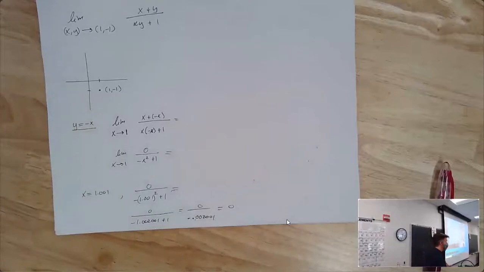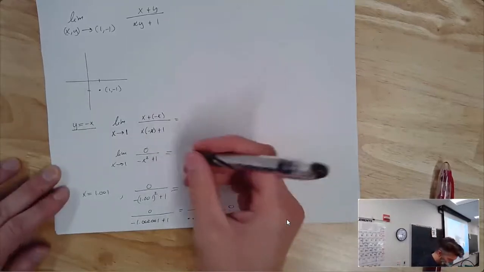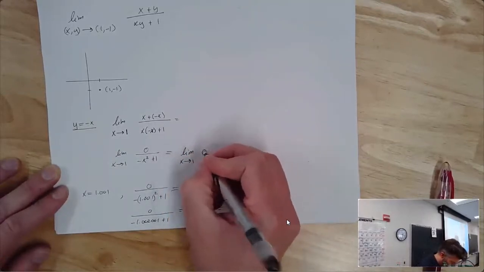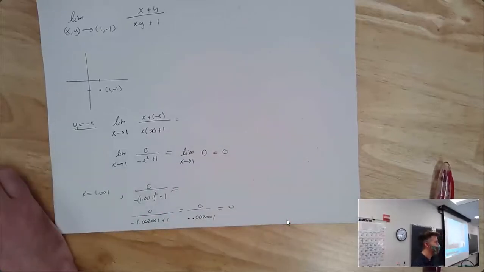That's the whole point. I don't really care what the denominator is, except that I do care that the denominator is not 0. And so then 0 divided by it gets to be 0 before we take the limit. And then the limit of 0 is 0. That's the whole deal.